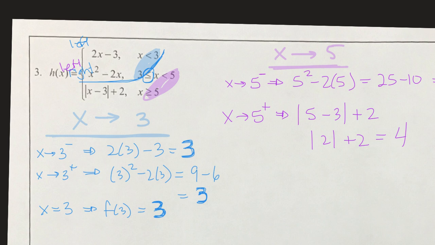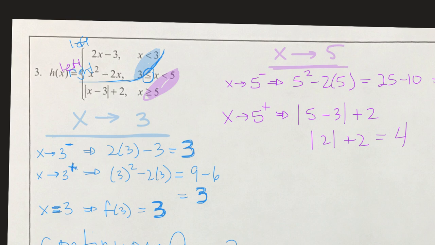So here's our work, our evaluation of the left side. So at 3 we notice that the left side and the right side and the middle are all equal to 3. So what that means is that our graph is continuous at x equals 3. Okay? The left side equals the right side equals the middle. So that means it's continuous.